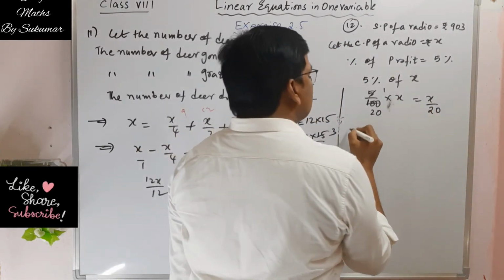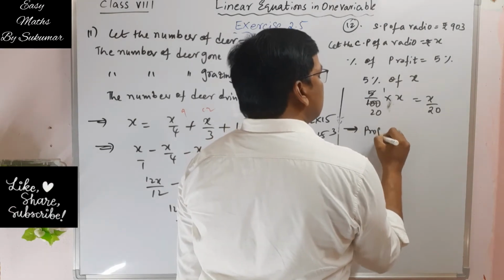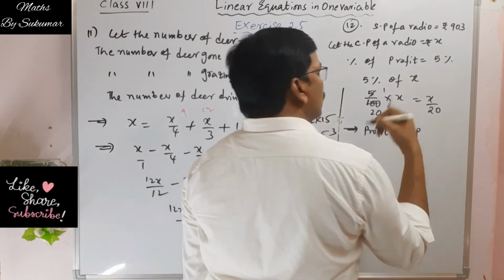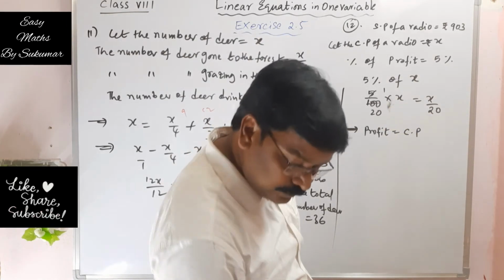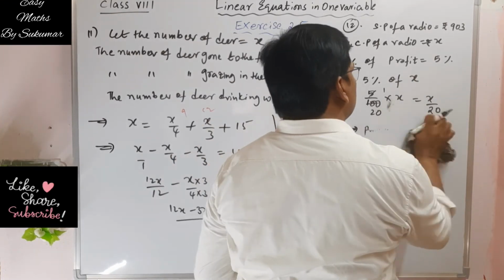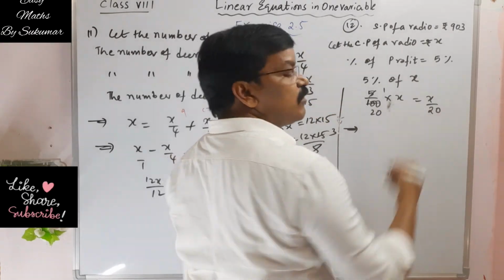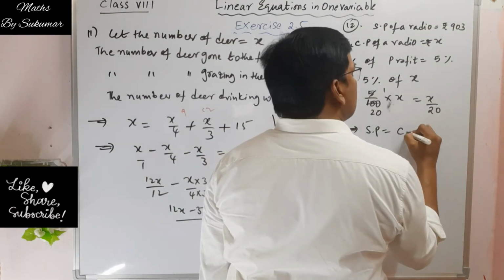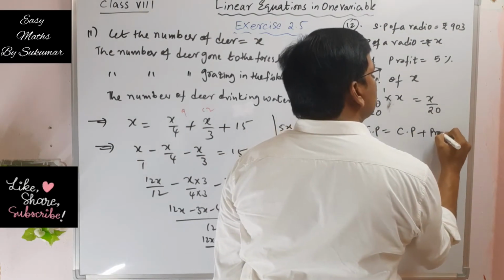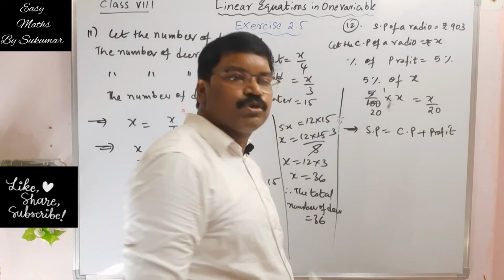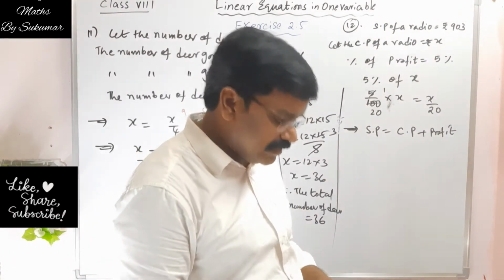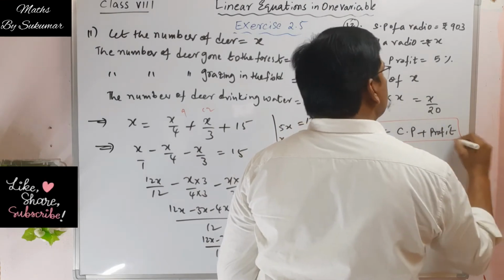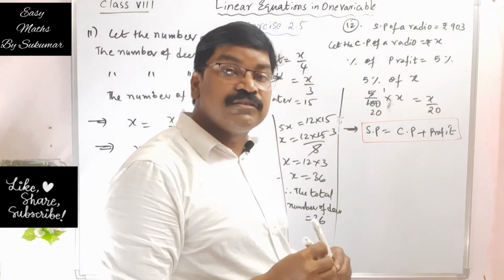Actually, my dear students, X by 20 is the profit here. So selling price is equal to cost price plus profit. Here the selling price is given. What is the selling price? 903 rupees.